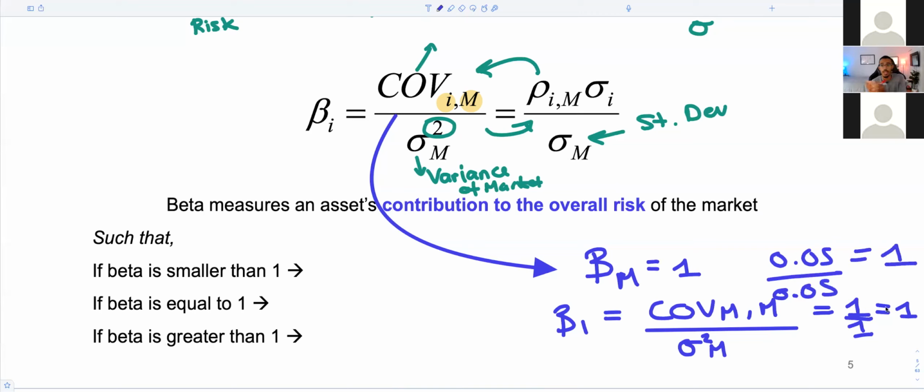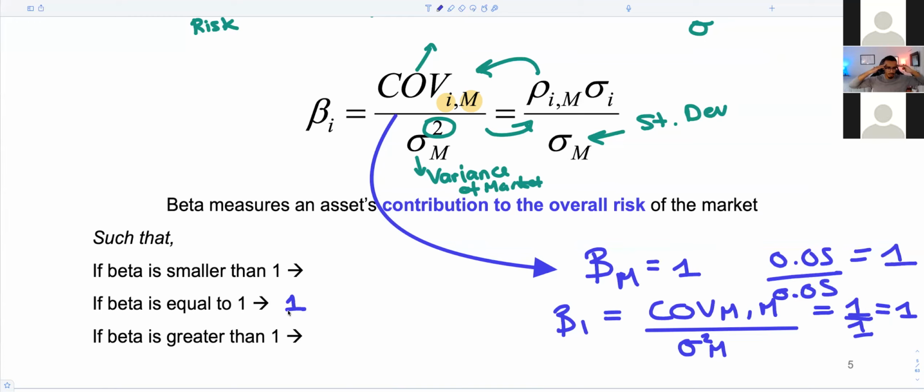So that's why the beta of the market portfolio is equal to 1, because it moves in tandem with itself, such that the covariance is simply the variance, and the variance divided by the variance is equal to 1, okay? So the market portfolio will contribute to its own variance at 100%. So that's why beta is equal to 1.